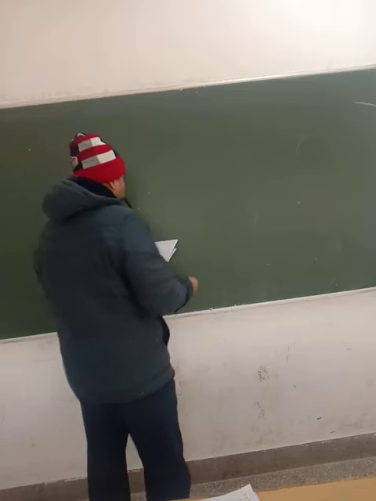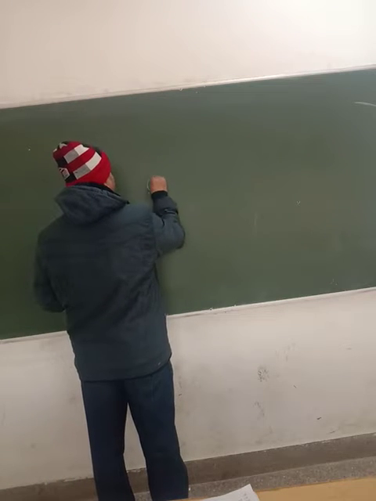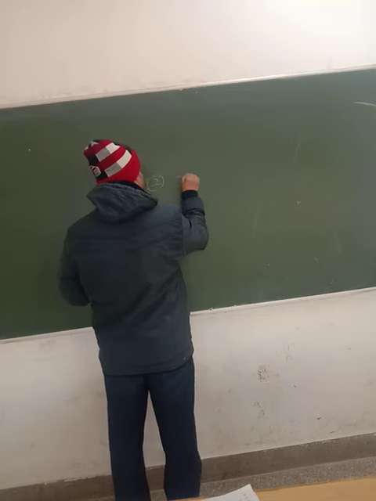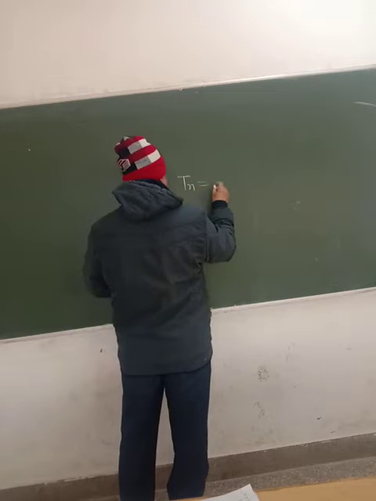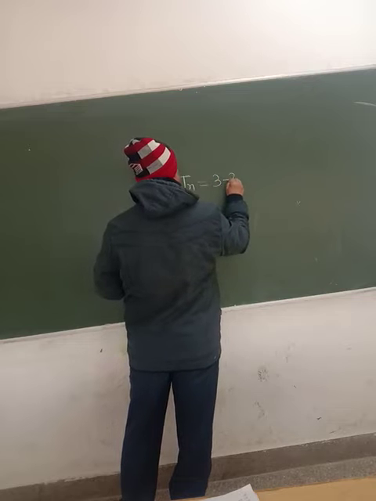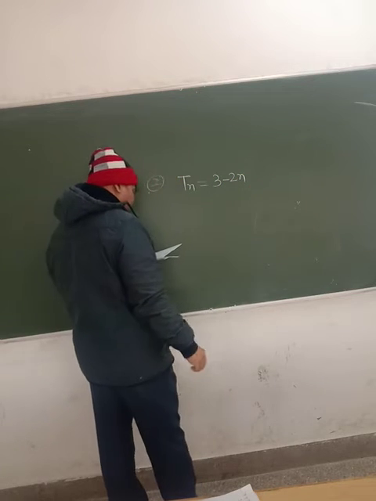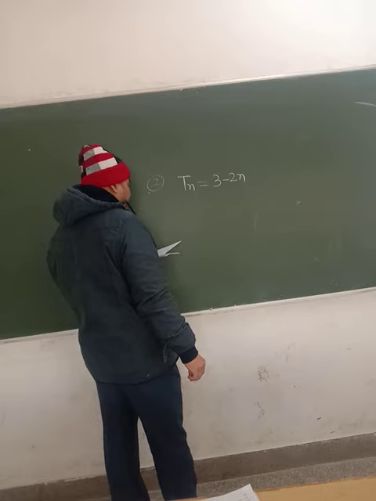If the nth term of a sequence is given to you, write down the formula. Tn is equal to 3 minus 2n. Find the sum of 15 terms.